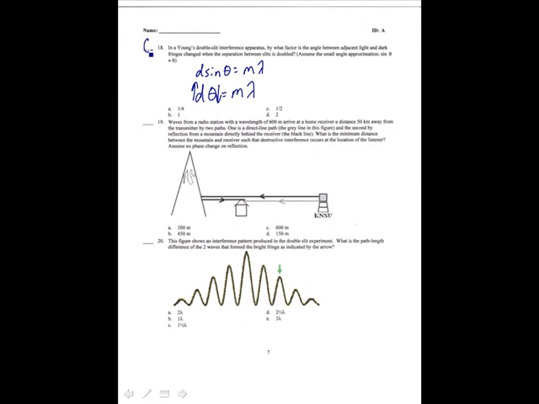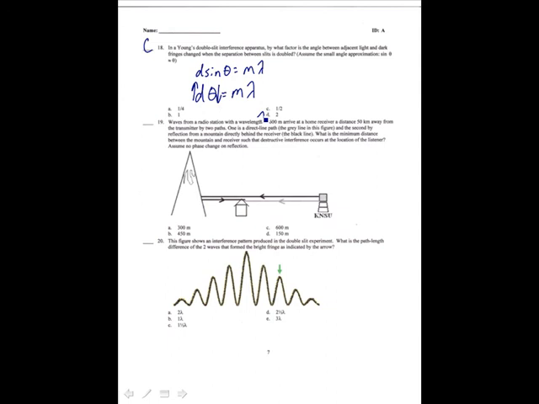Waves from a radio station with a wavelength of 600 meters arrive at a home receiver a distance of 50 kilometers away from the transmitter by two paths. One is a direct line path, the gray line, and the second is a reflection from the mountain directly behind the receiver, which is the black line.